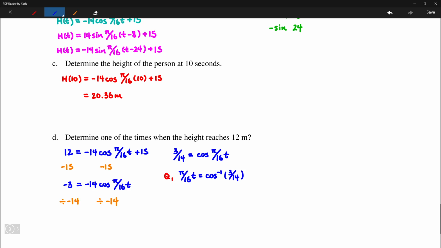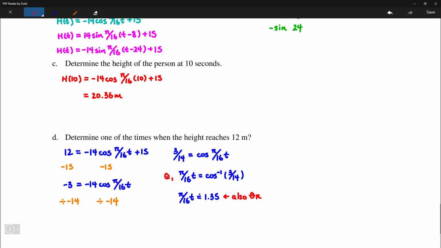And what that would tell us is that pi over 16t is equal to approximately 1.35 on a calculator. So since this is a quadrant 1 answer, we can also use it as the reference angle. If this ratio was negative, then we will have to take the absolute value in order to find the reference angle and work with that angle instead.